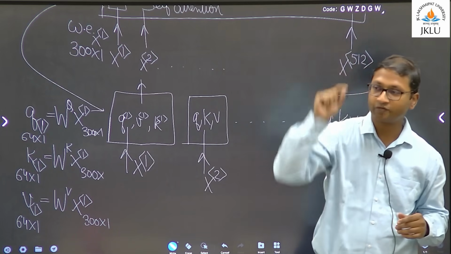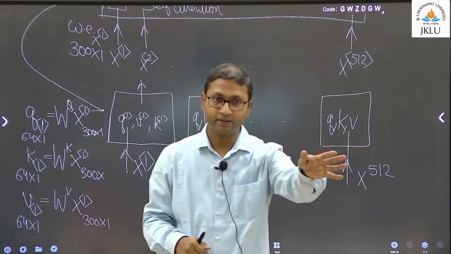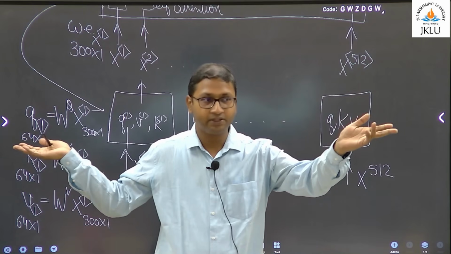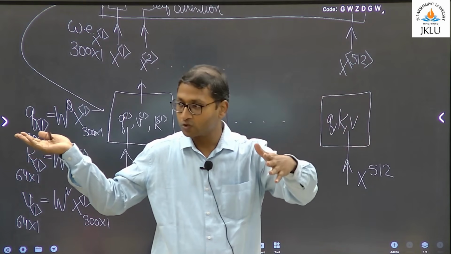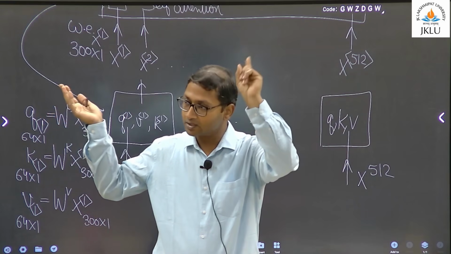What are the dimensions of alpha 1? Alpha 1 is a scalar. What are the dimensions of something that it gets multiplied with? 64 cross 1. So scalar cross 64 cross 1 plus scalar cross 64 cross 1.